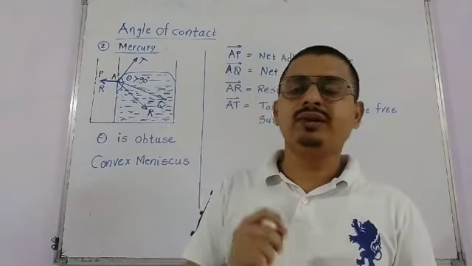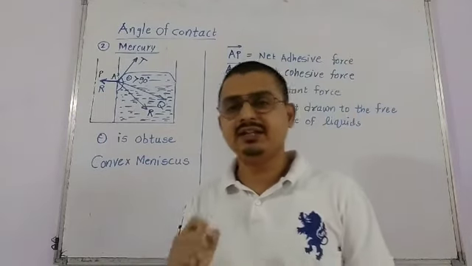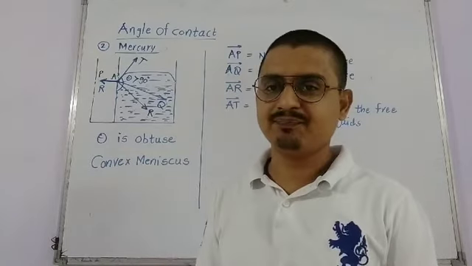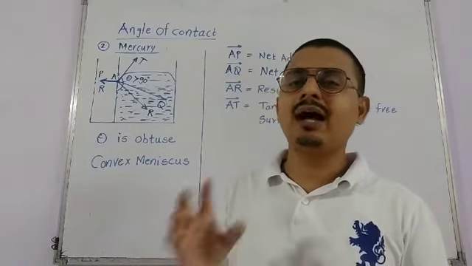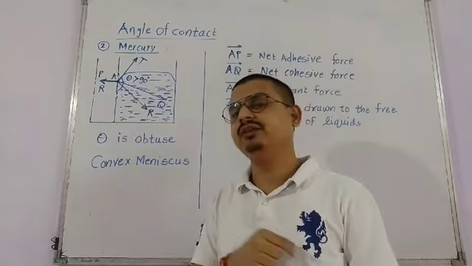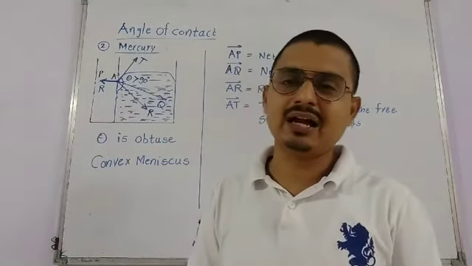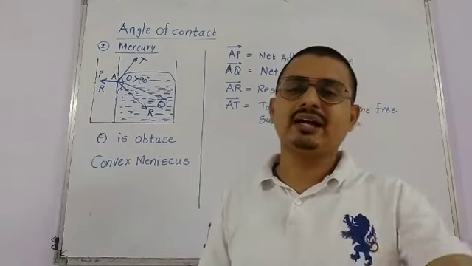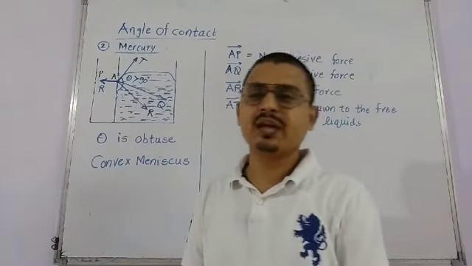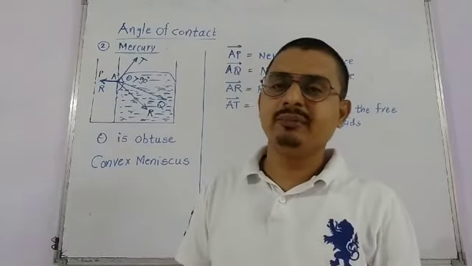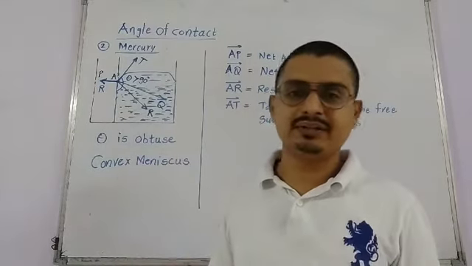Now when such mercury is taken into the container of solid surface, there will be an angle formed between the tangent drawn to the liquid surface and the surface of solid that will be greater than 90, an obtuse angle, and the meniscus formed will be the convex meniscus.